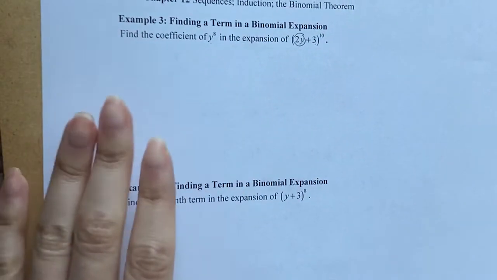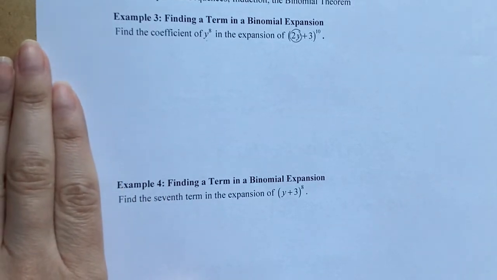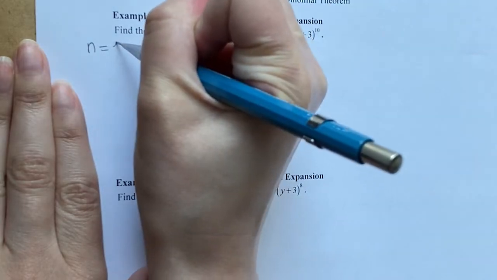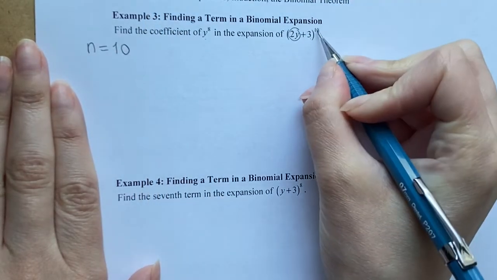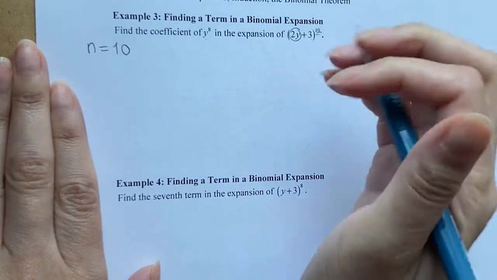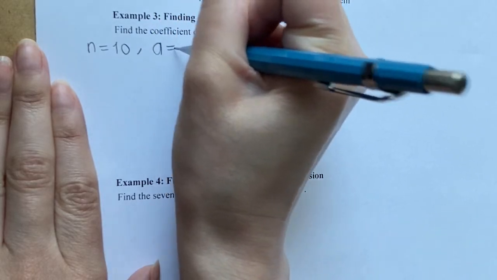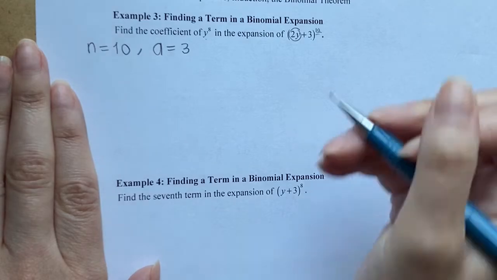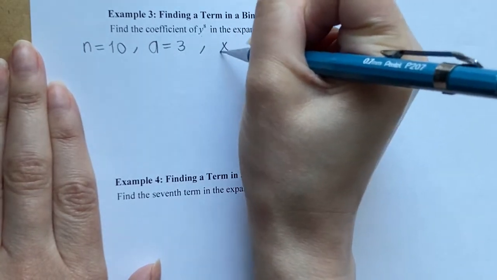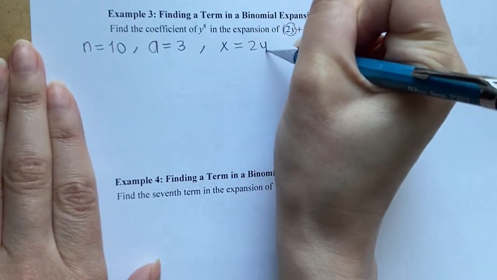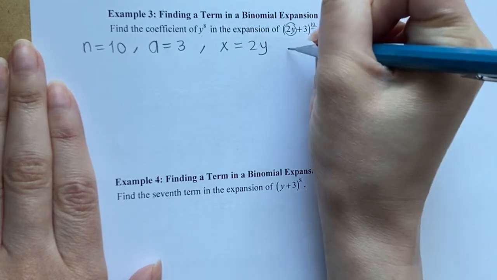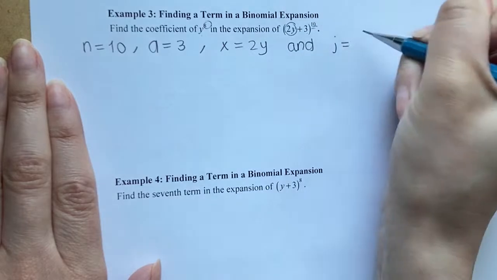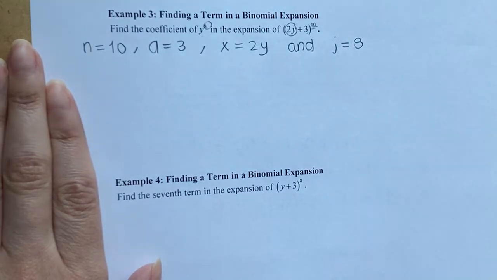With the formula, we need to recognize several things. n is going to be 10, because that's the exponent that you have. Secondly, a is going to be 3, and x is going to be your 2y. And j, the one that we want, is 8.